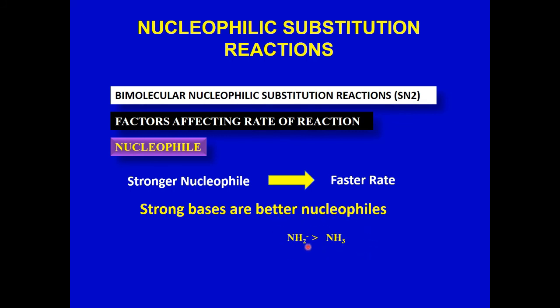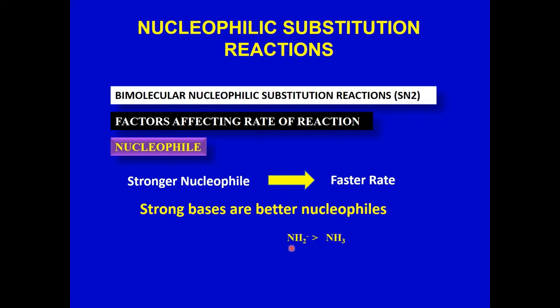On the other hand, we have an NH2 anion, an amide anion. Now, ions, whether they are positively charged or negatively charged, are always more reactive than neutral molecules. So in this case, this NH2 anion is more reactive than the stable NH3 molecule.